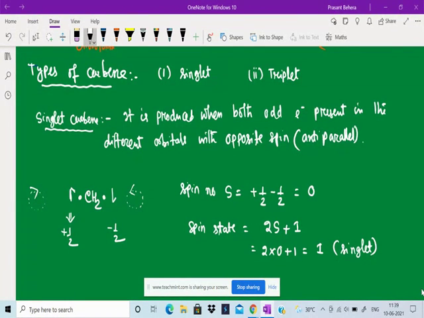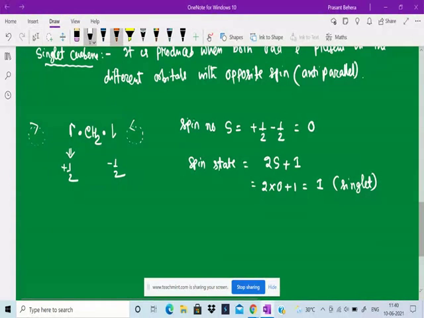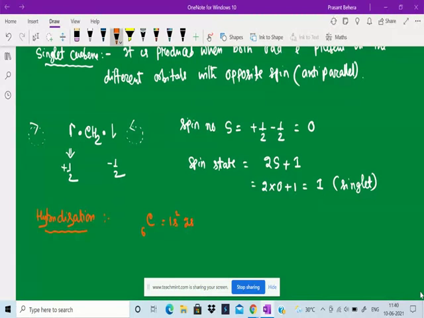Okay, then let's discuss the hybridization of a singlet carbene. We know that the atomic number of carbon is 6: 1s2, 2s2, 2px1, 2py1, 2pz0.